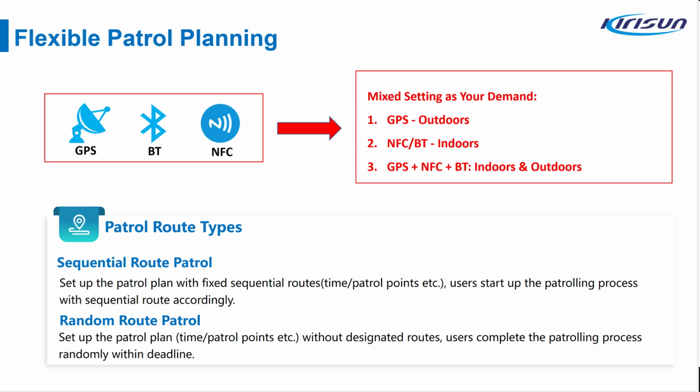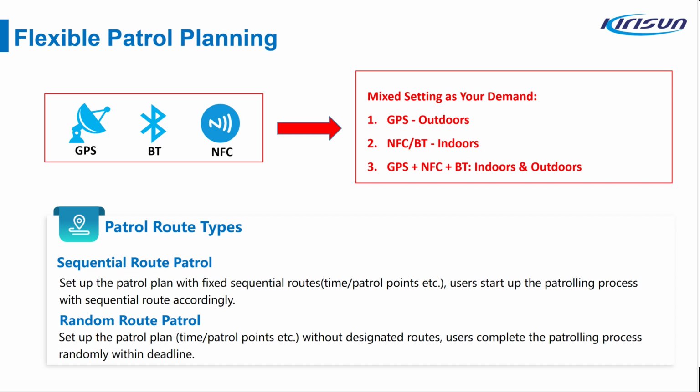NFC and Bluetooth are suitable for indoors. Also, you can deploy mixed patrol modes. For example, in a big industrial park, some open areas need GPS patrol, and some places inside the building need NFC and Bluetooth patrol. Then the mixed deployment is the best choice.